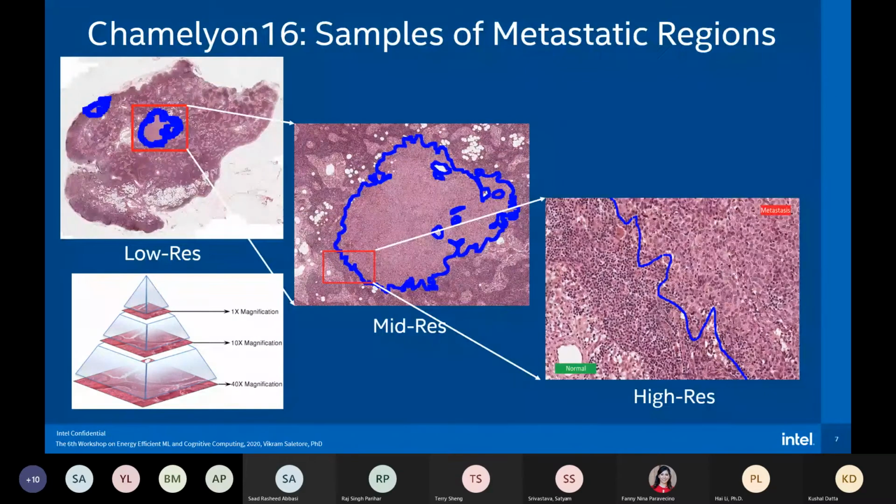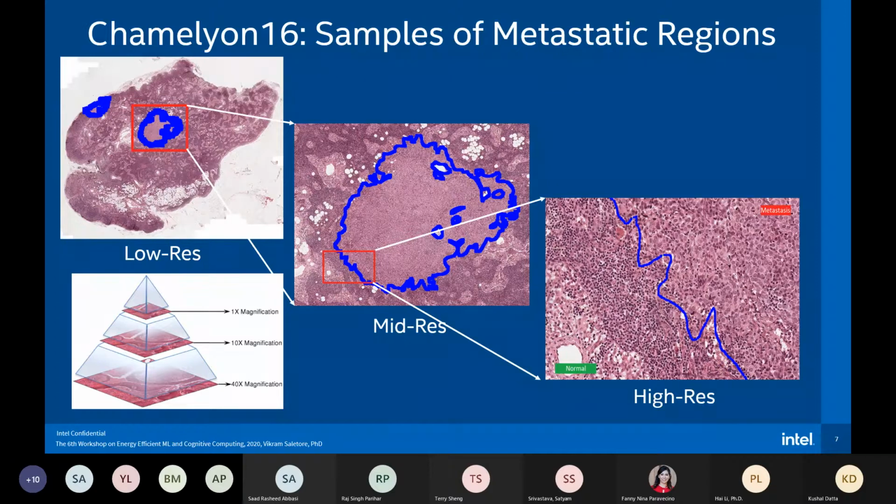For example, in Camelyon16, this is a metastatic region, and you can see what the radiologist has indicated. Going from low res to mid-res to high resolution, on the left side this is normal, and the other side has metastasized. The higher resolution gives you a lot more information in context of the contextual information from the low res.